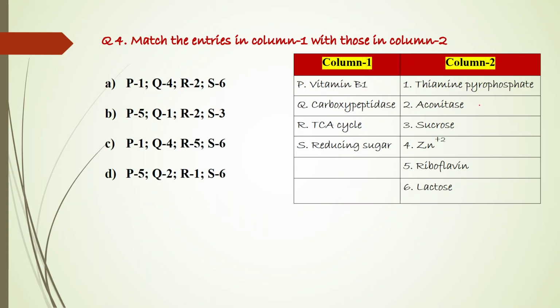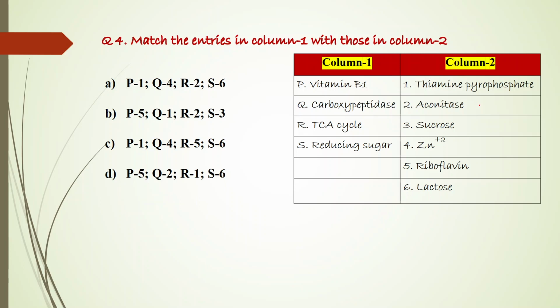You have to match the entries in column 1 with those in column 2. In column 1 we have four things: vitamin B1, carboxypeptidase, TCA cycle and reducing sugar. And in column 2 we have six options. So carefully choose what will match with what option in column 2.